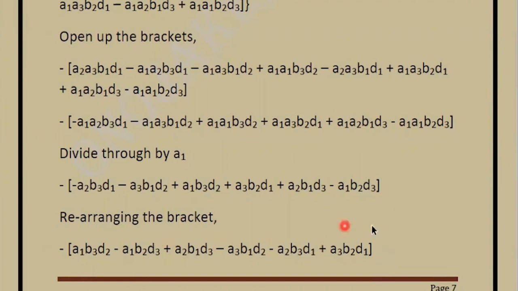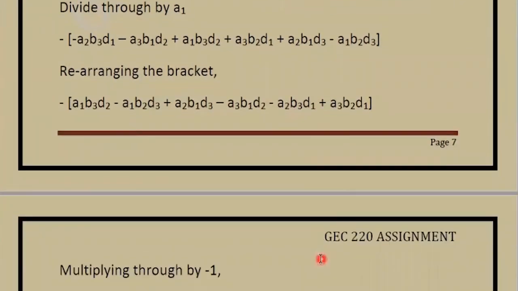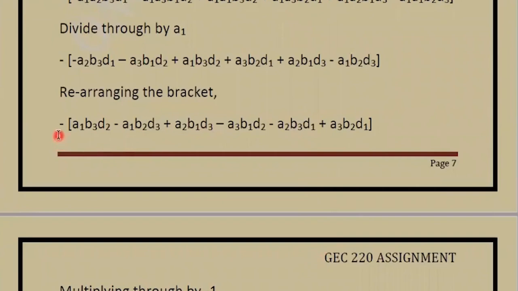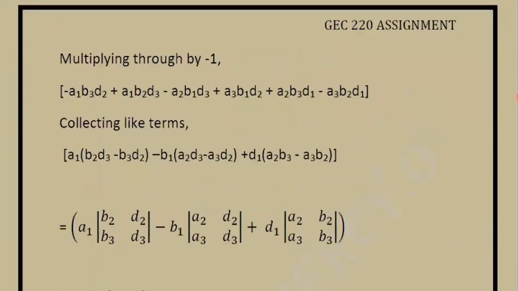So now in rearranging these brackets, we have a lot of like terms and we put them together here like that, and it goes on. Remember, this minus is still here. So we're going to divide through by minus 1 so that this minus can go away into the Neverland. And here we have this left.